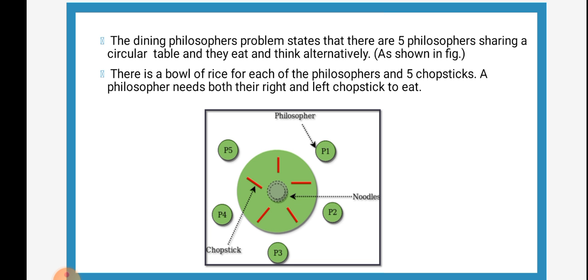Whenever they want to eat the rice, they have to first pick the chopsticks. I haven't mentioned on the slide that they have to first pick up the left chopstick and then pick up the right chopstick, then he is eligible to eat the rice, clear.